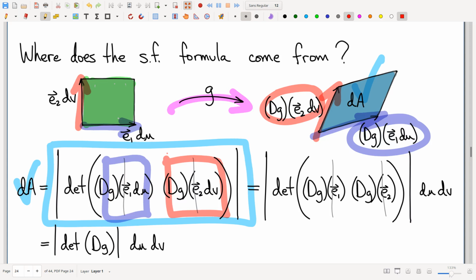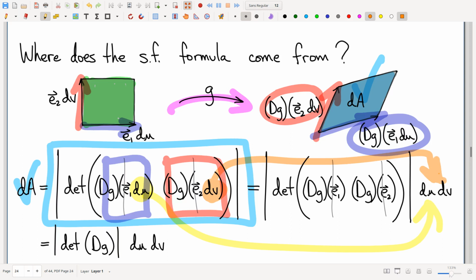Now, what a mess. You look at this expression here, it's kind of a mess. But check it out, I do have some constants that I can take advantage of. I have a common factor of du in every element of this first column. And old fact about determinants, if there's a common factor in a column, you can factor that out of the determinant. And so this du is going to go right there. And then likewise, this dv is going to go right there.